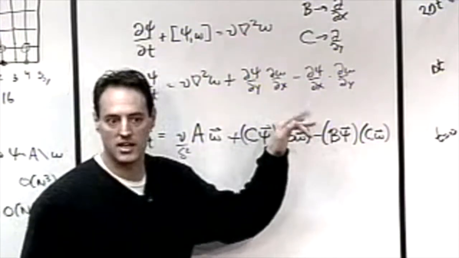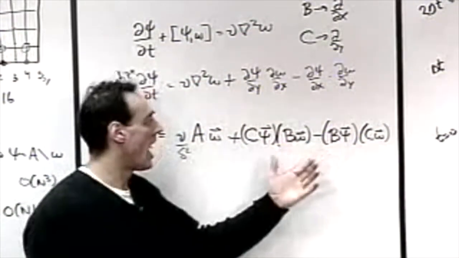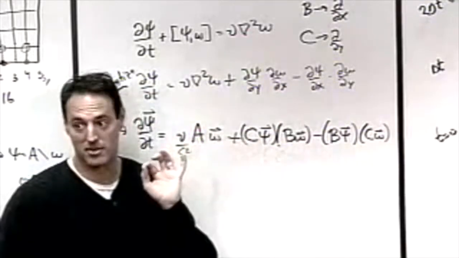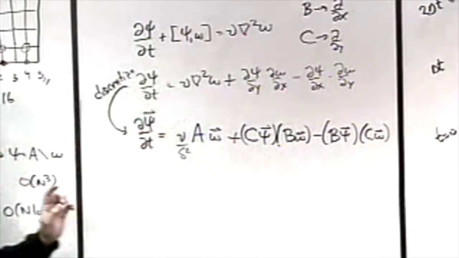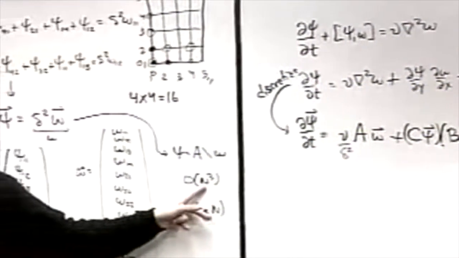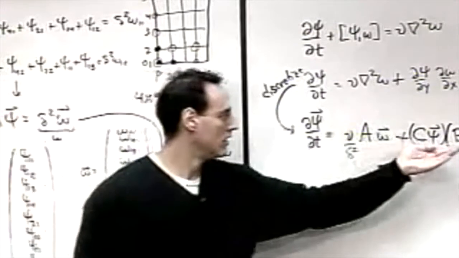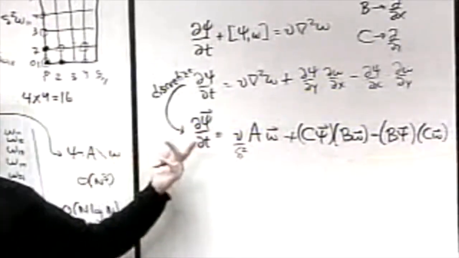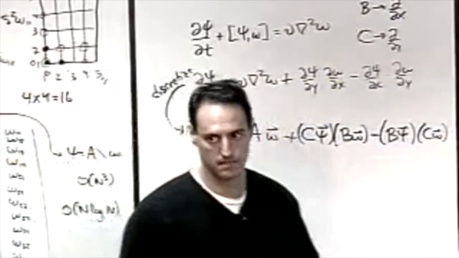But every time you update, that's where the cost comes in. I've updated the solution delta t into the future, but now my stream function has to be updated, and I've got to do that much work to get my new stream function. Once I get it, then I can come back, multiply this, that. And you step up your solution in the future.